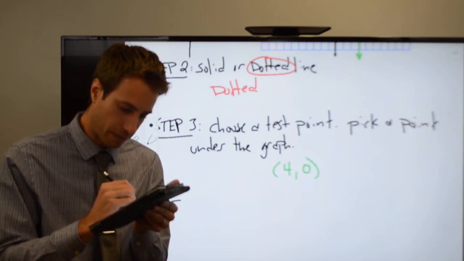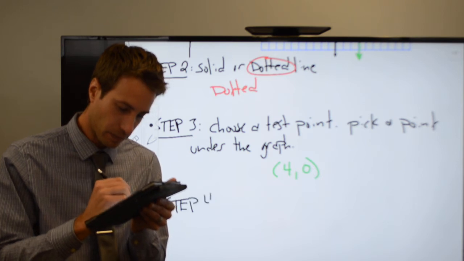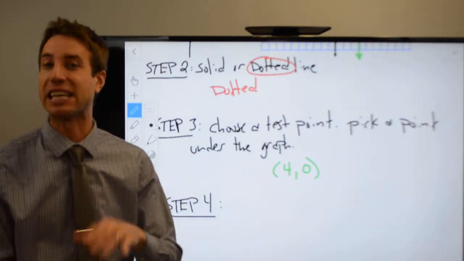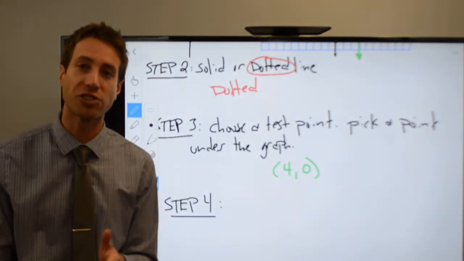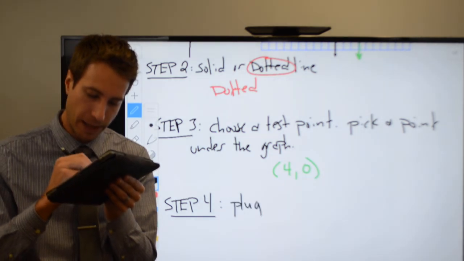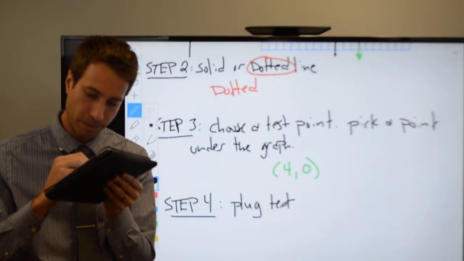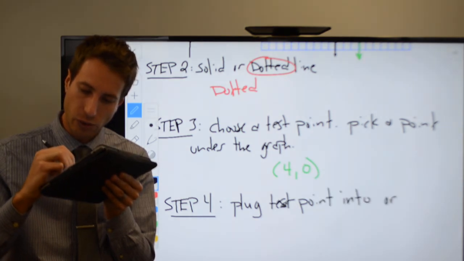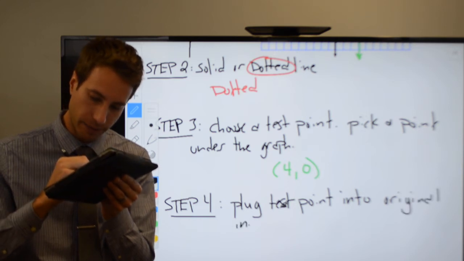Step number 4. Use your test point to figure out if it gives you a true or false statement in the original function. So plug test point into original inequality.